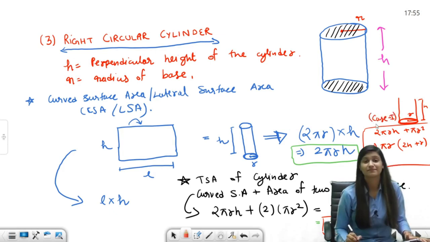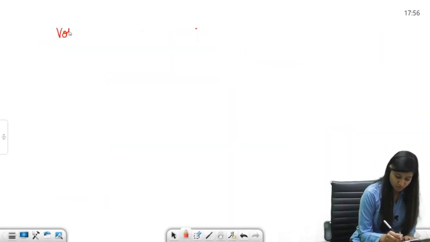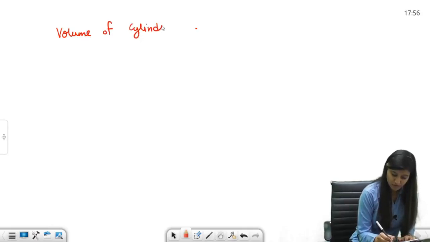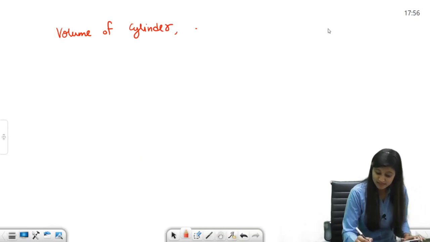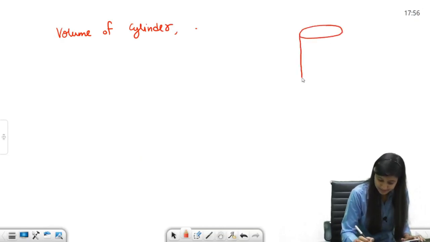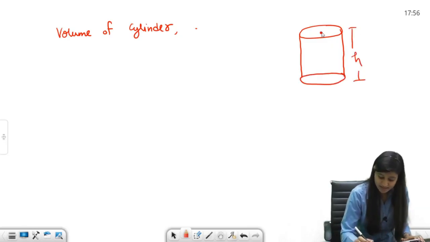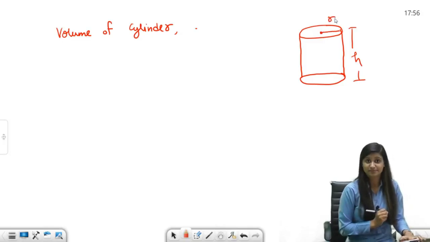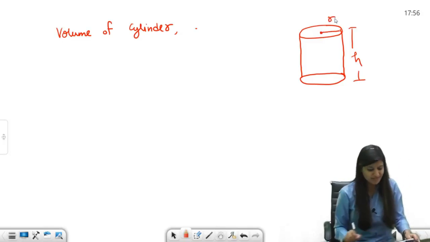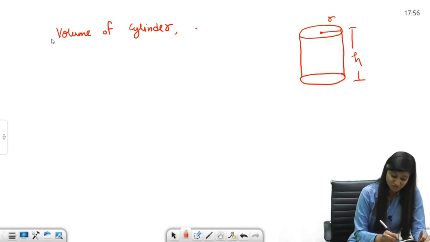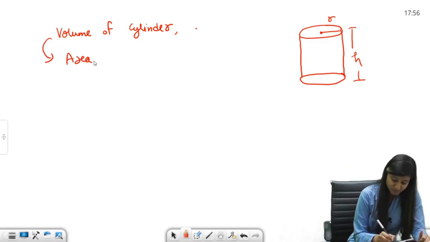Alright, we will now talk about the volume of a cylinder. How can we do that? This was our cylinder, right? Like this. It was our cylinder having a height h and the radius of base r, right? So what can we do? I told you again the general formula: area of base into height.